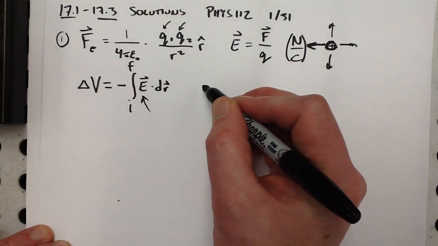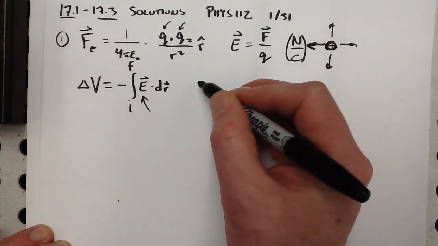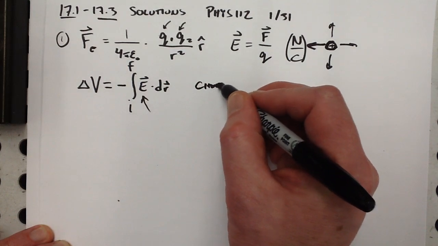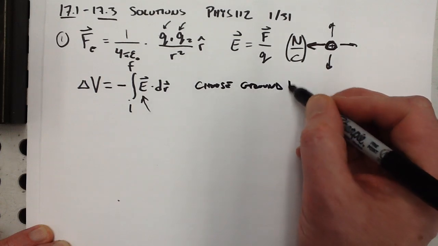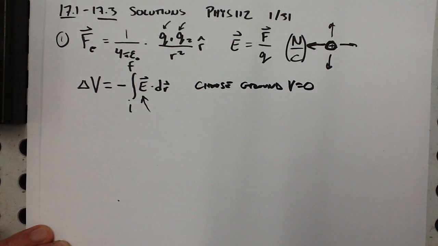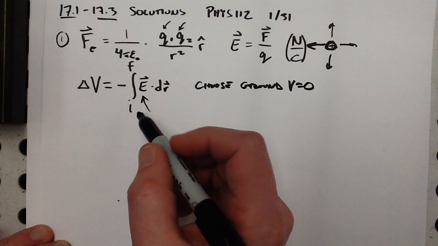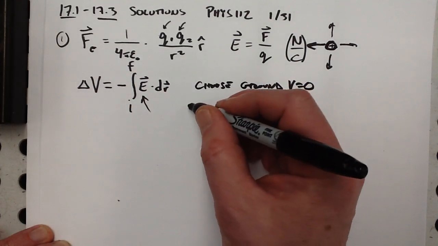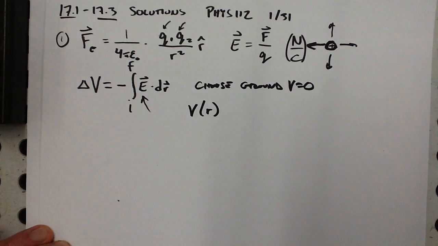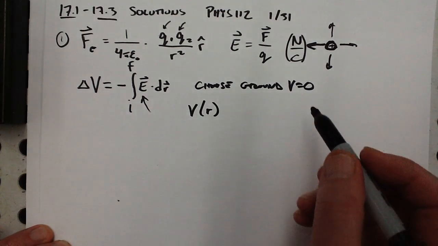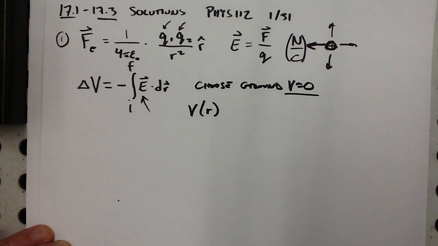And if you choose a ground where V equals 0, then you can define the potential difference at some position. That depends on choosing that ground.